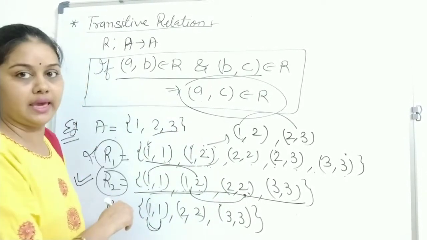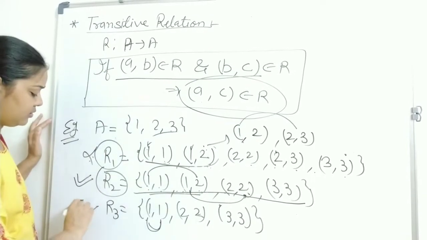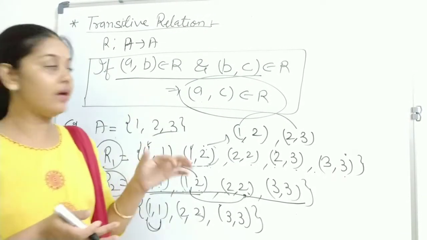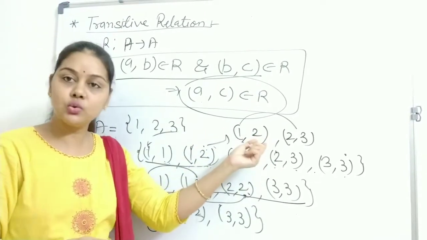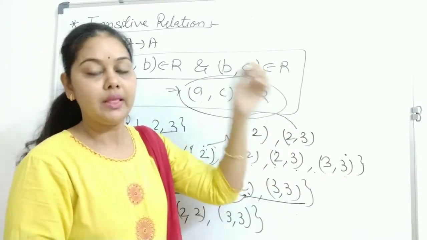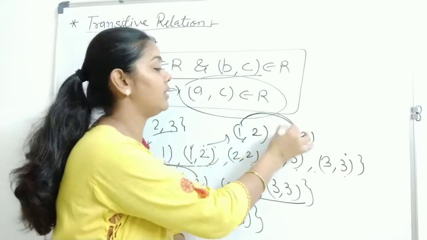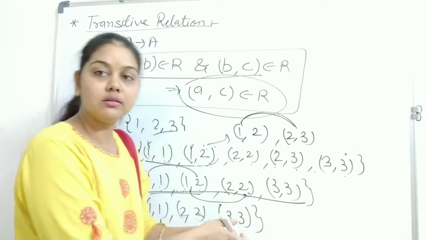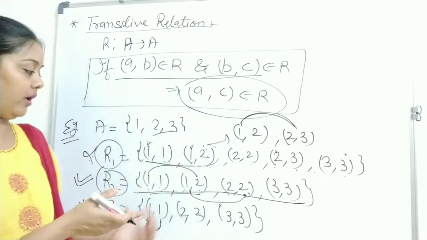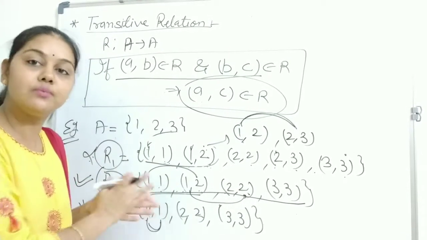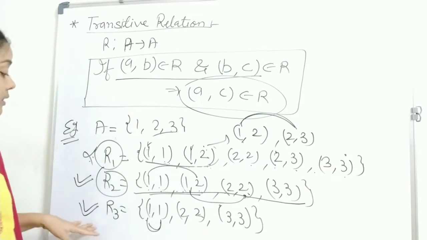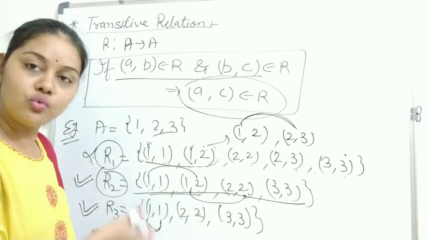If I have elements like 1 related with 2 and 2 related with 3, then I must have a relation between 1 and 3. If not, then it is sufficient to check whichever elements are available in the set. So these two are transitive relations.